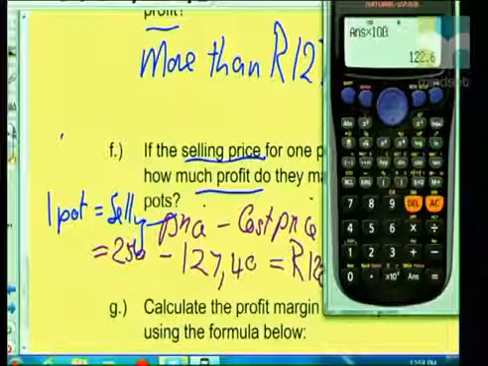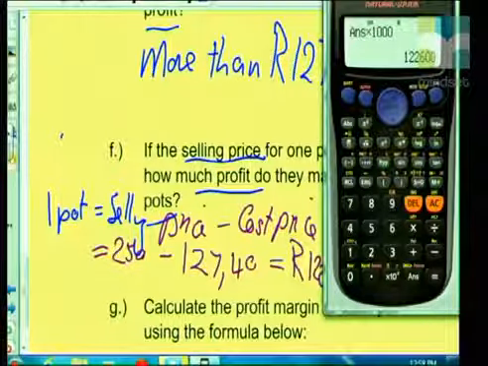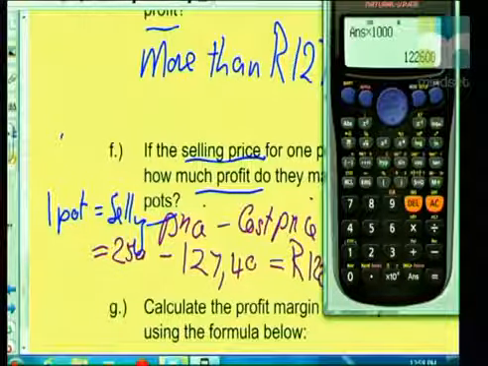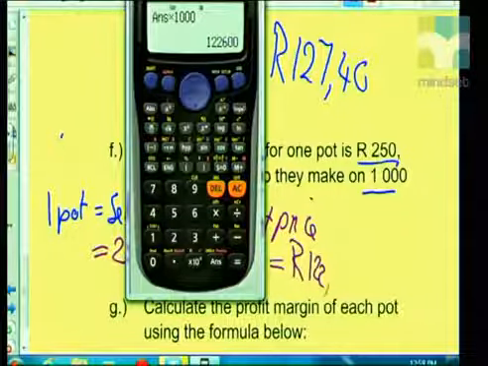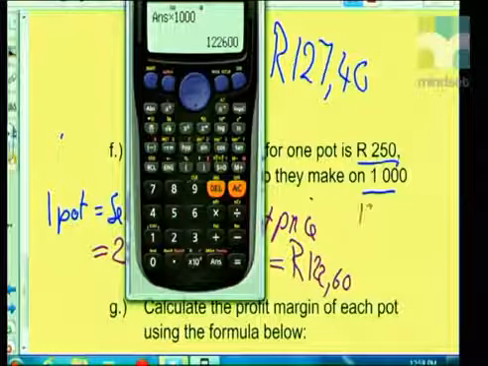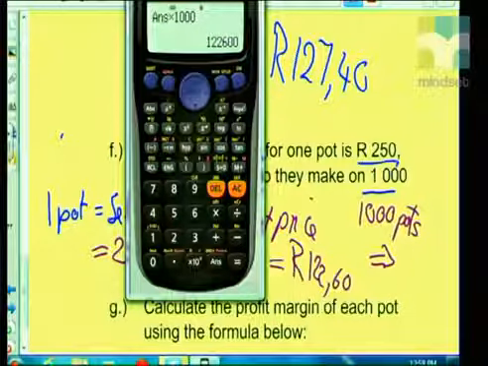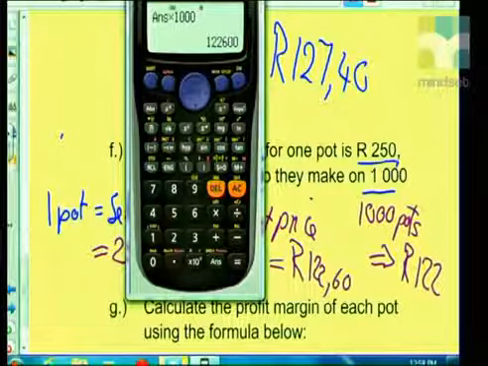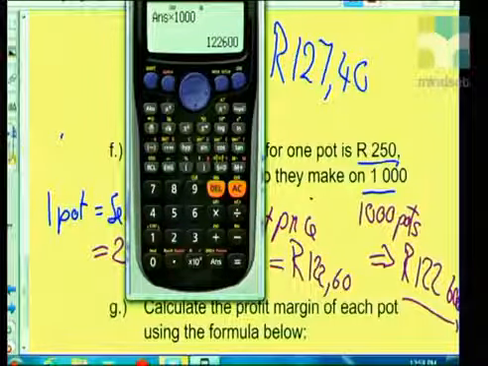Well, I must multiply that by 1,000, because I don't just want to know the profit on one pot, I want to know it on 1,000 pots, and if I've done it correctly, it gives me 122,600. So on one pot, it was that. On 1,000 pots, it's going to be 122,600 Rand. Got it? Hope so. Hope you can see that it's not that difficult. We've got the story sorted.